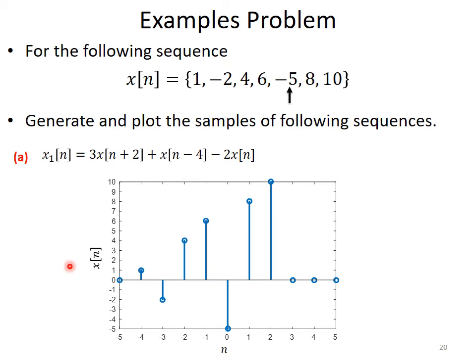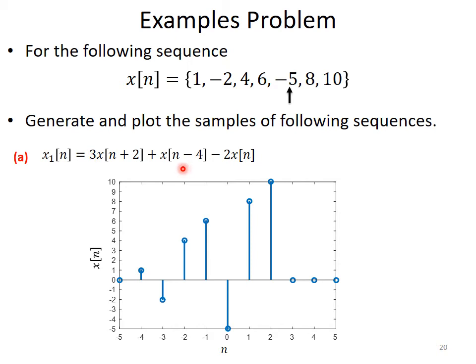So this is how x of n is graphically represented. Now we have to find first x of n plus 2, and then multiply it with 3, right? So first we'll perform the operation on the independent variable, then on the dependent variable.